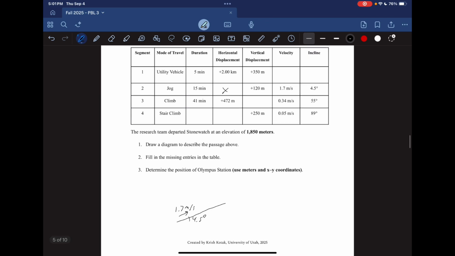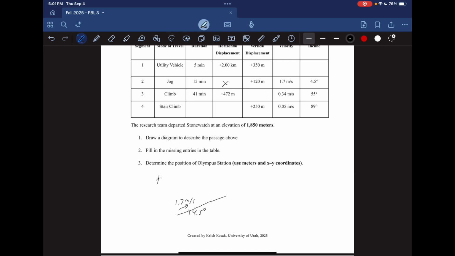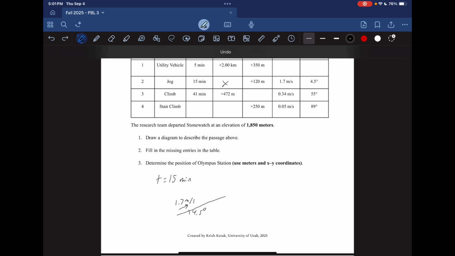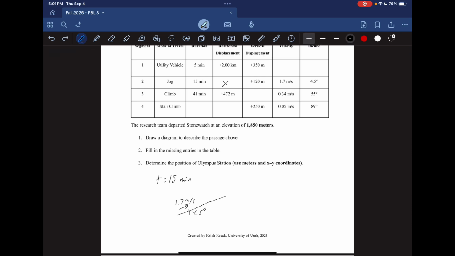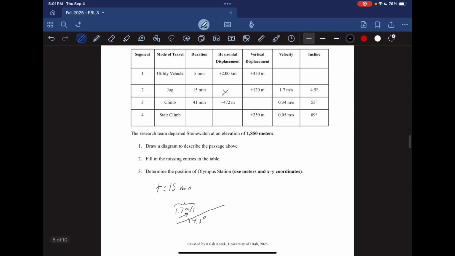And we know that they do this for a total of 15 minutes, so t equals 15 minutes. There's a couple different ways that you could solve this. You could find the vertical displacement and then use that. The way that I'm going to choose to solve it is by finding the x component of our velocity, which is from 1.7 meters per second.